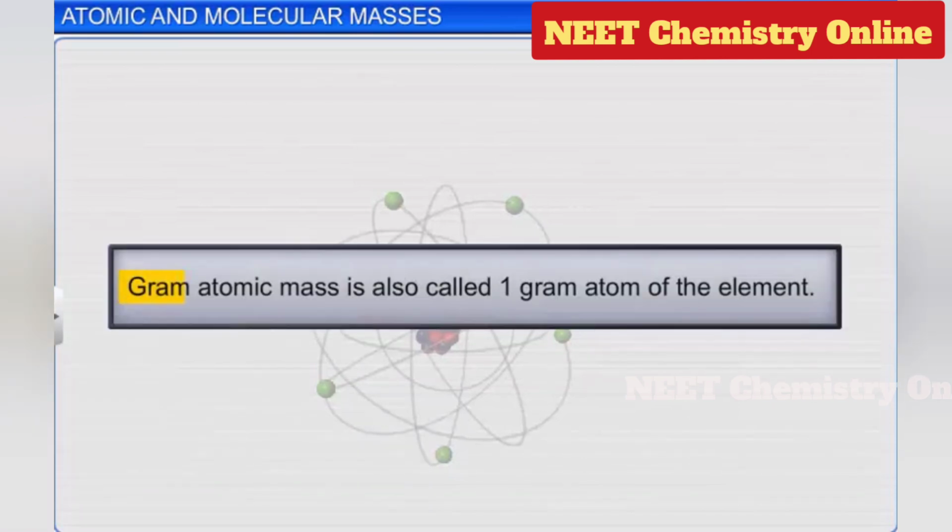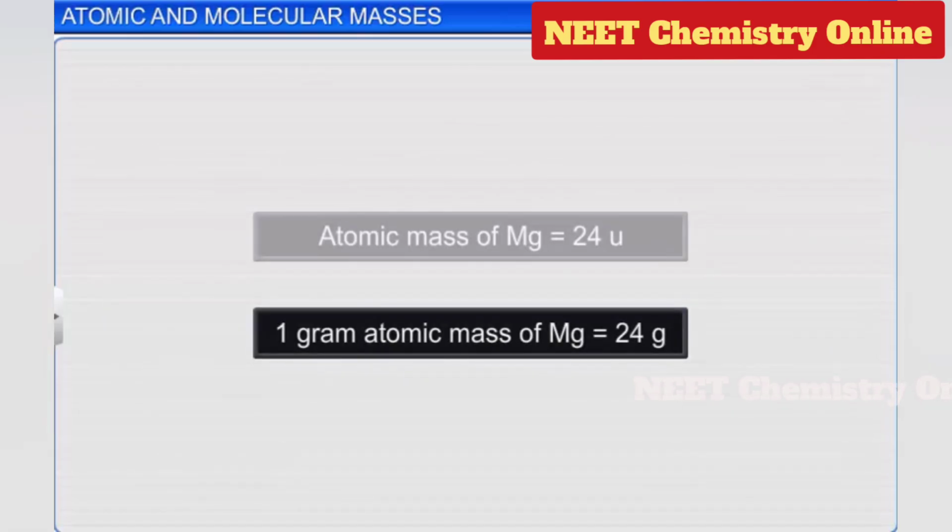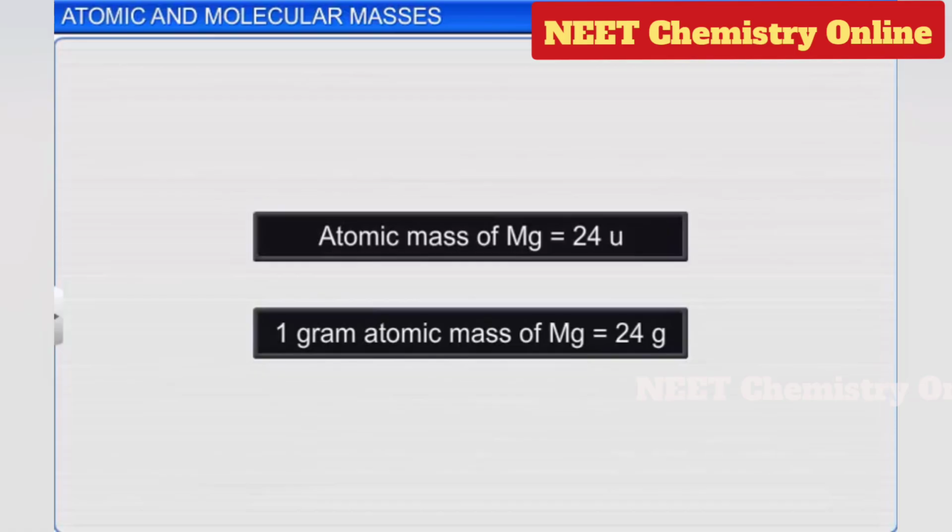Gram atomic mass is also called 1 gram atom of the element. For example, 1 gram atom of magnesium is equal to its atomic mass expressed in gram, which is 24 gram.